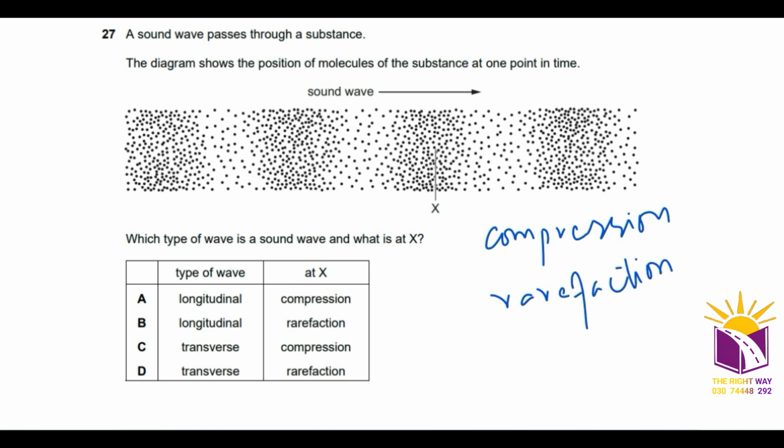X is the compression point. Why? Because here the molecules are compressed together, so density is high and pressure is also high. So at x we have compression, and it is a longitudinal wave. So A is the right option.